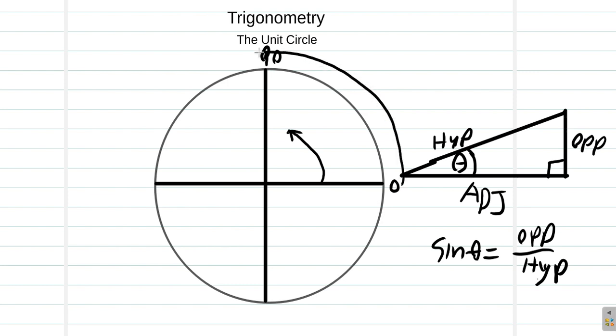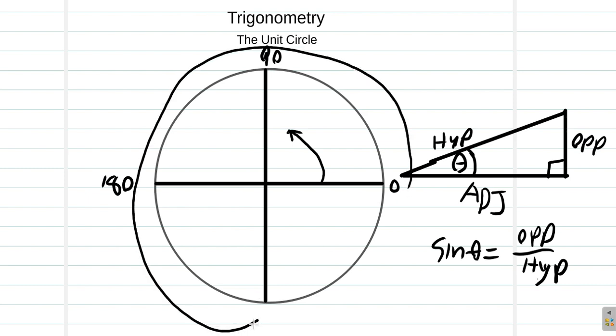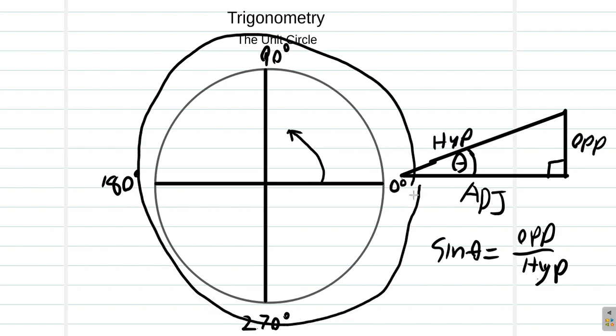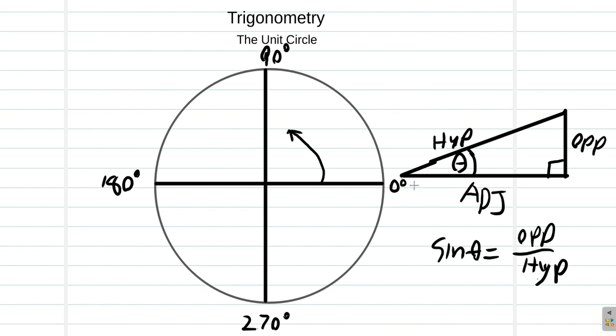From 0 go all the way around here would be 180 degrees, and then all the way right here would be 270 degrees. Let me just write the degree sign, and then from here coming all the way right back would be 360 degrees. All right?